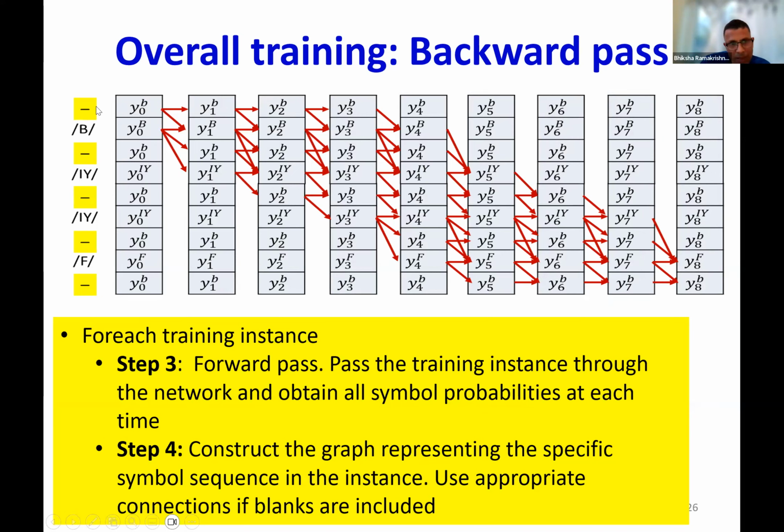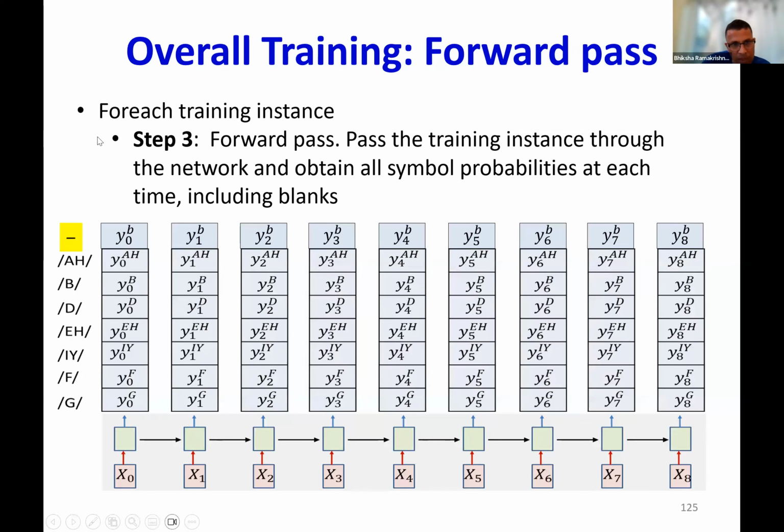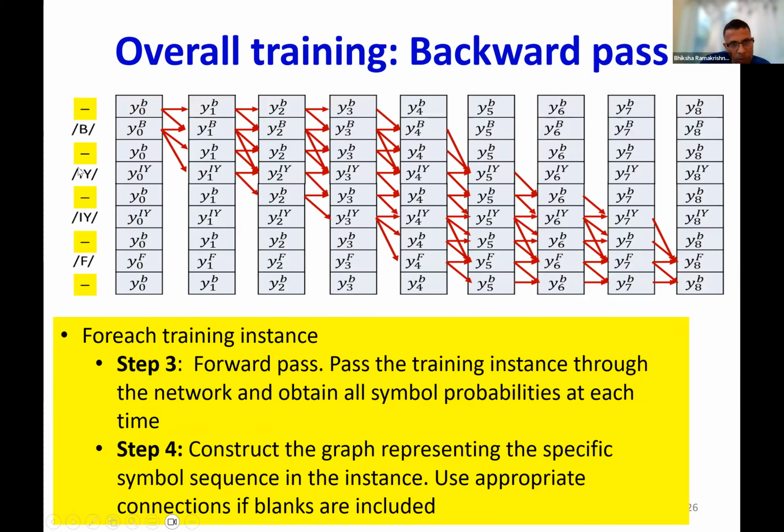Same thing with the blank. The network itself is computing a single probability for a blank, but when we compose this graph, we just repeat that row many times. So each of the columns here is one time instance. Exactly. Any other questions?